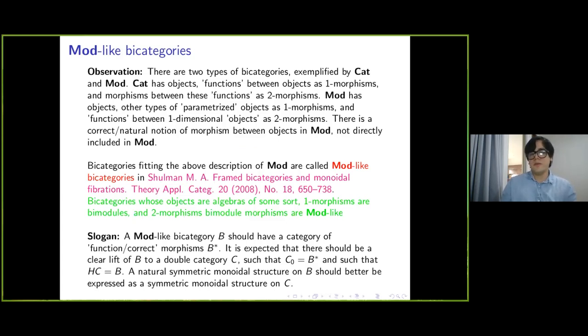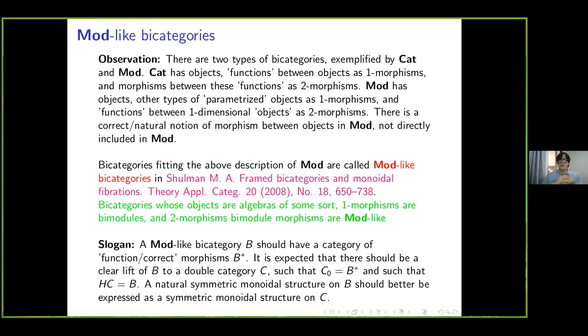So if we're in this situation, it should be expected that there should be a clear lift of our bicategory to a double category, having the correct notion of morphism as vertical morphism, and such that the horizontal bicategory is the bicategory that we started with. And if we have a natural symmetric monoidal structure on our bicategory that we can't prove makes it a symmetric monoidal bicategory, because the definition of a symmetric monoidal bicategory doesn't fit what we want, in this case it is expected that we can lift our bicategory to a double category, then define a symmetric monoidal double category.